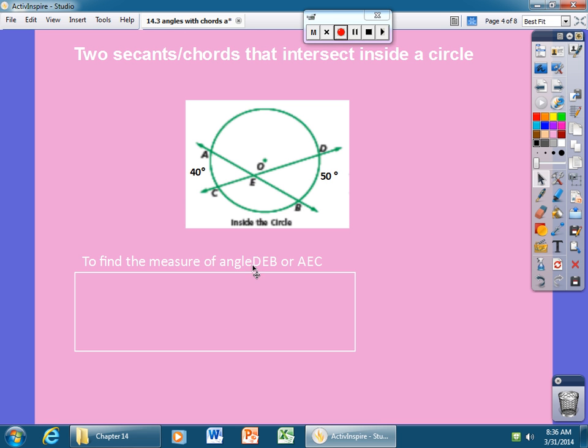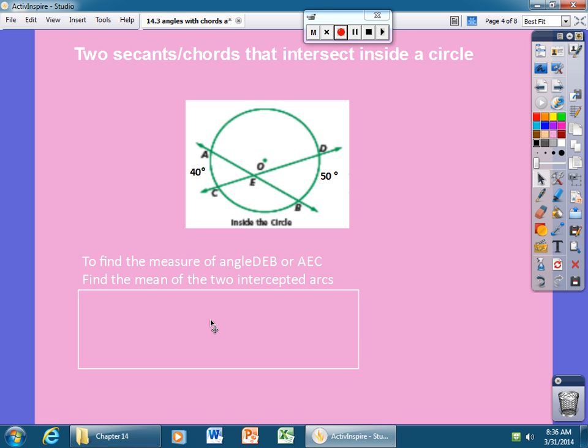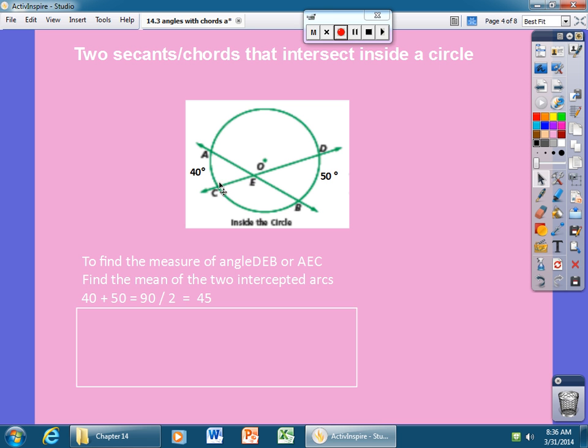All we have to do is find the average or the mean of the two intercepted arcs. So in this example, I would add this intercepted arc, 40, to this intercepted arc, which is 50. So 40 plus 50 is 90. Then divide by 2. So that tells me that this angle right in here and this angle over here are both 45-degree angles.